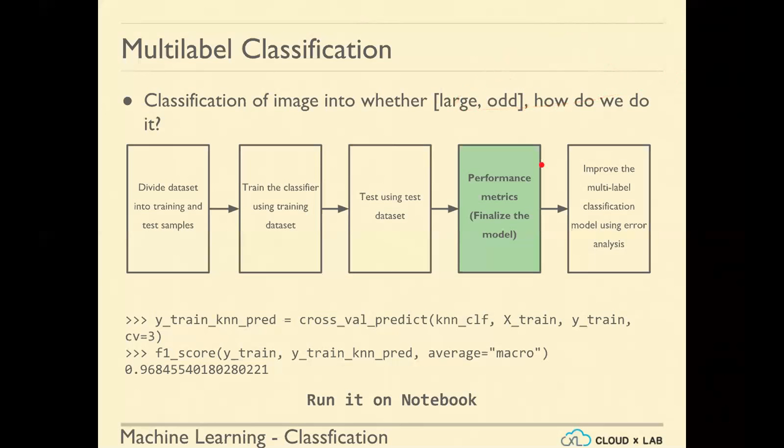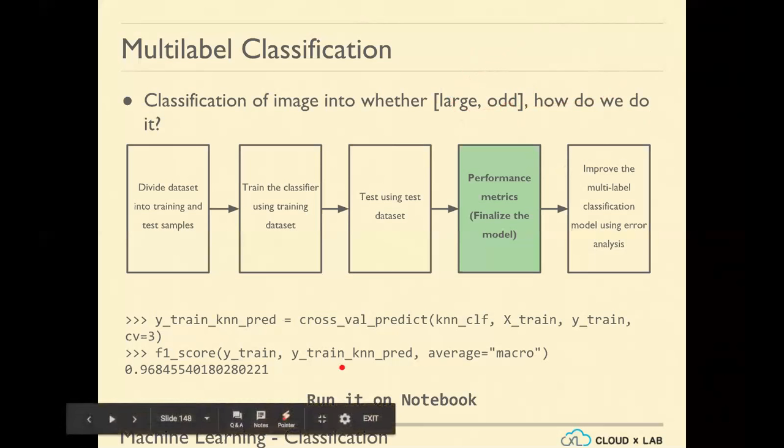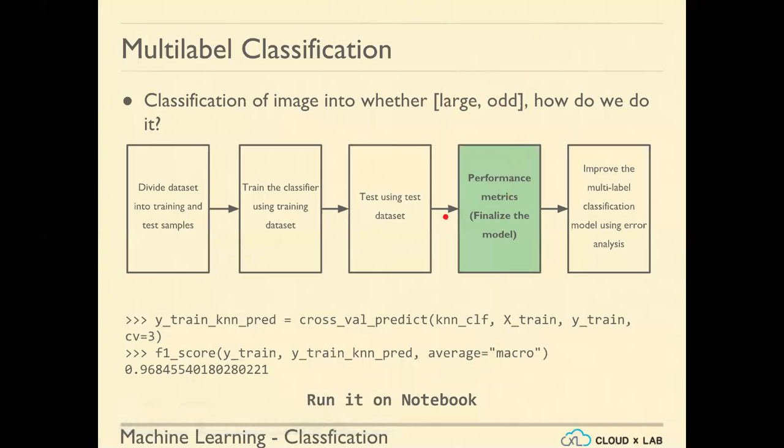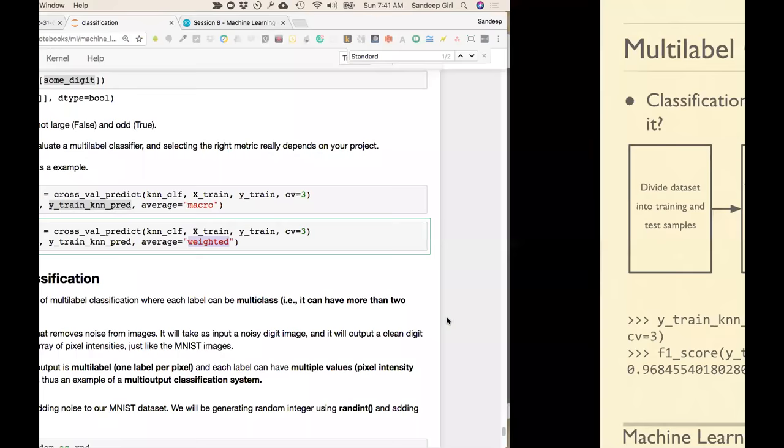We need to compute a single value out of these 2, and that's where the average comes into the picture. The macro average is the normal average, this plus this divided by 2. The weighted average is where we assign a weight of 1 to this and a weight of 2 to this, then multiply and sum it up. Based on that, we compute our F1 score.